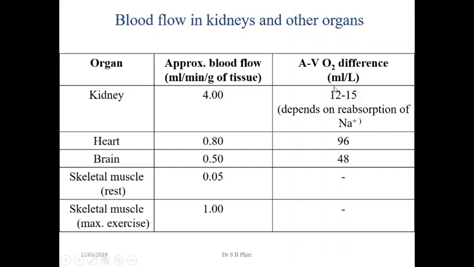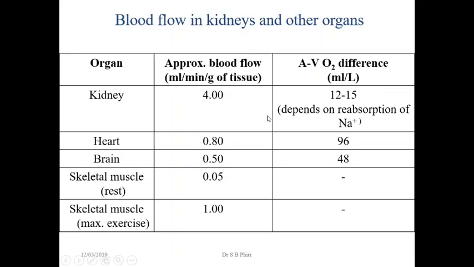So when you look at the difference in arterial and venous oxygen content, the arterial-venous oxygen difference, you can see in the kidneys it's not so much, it's between 12 and 15. It simply tells you that the kidneys require more blood supply, but this blood supply is not necessarily required because oxygen is needed by the tissues. It's because of the function of the kidneys.